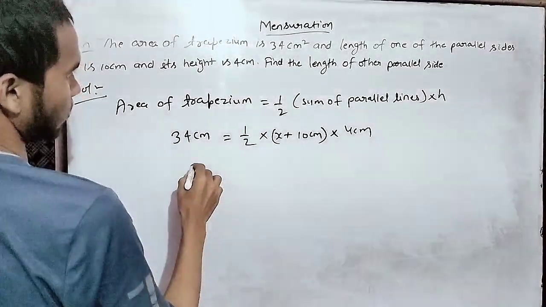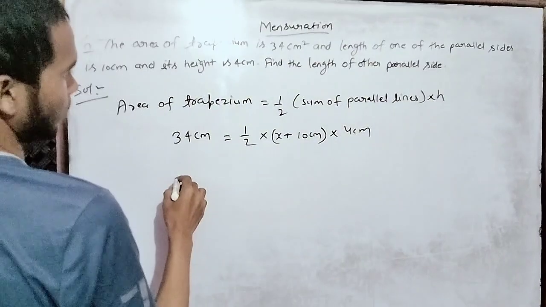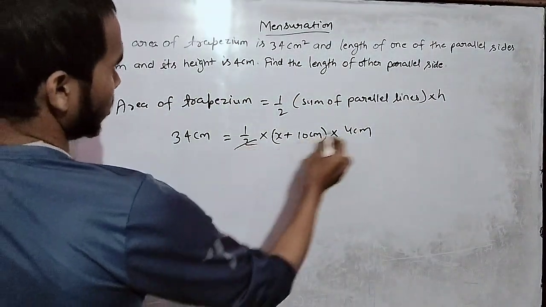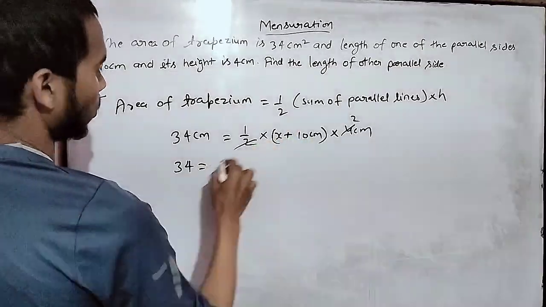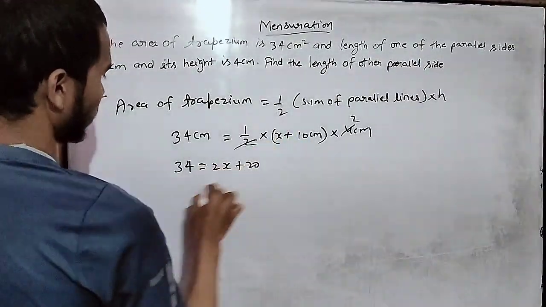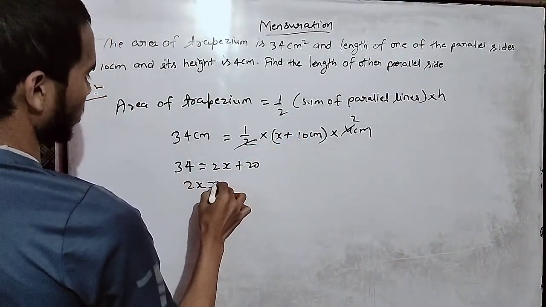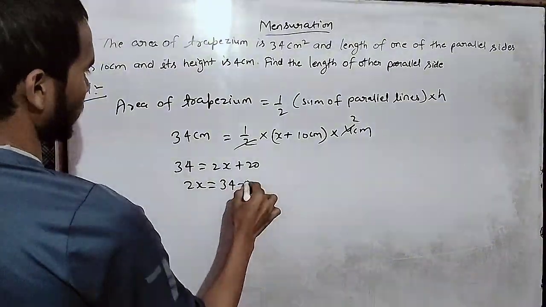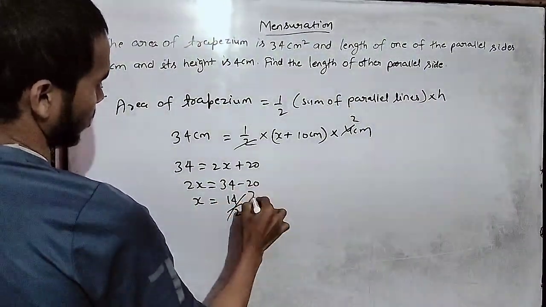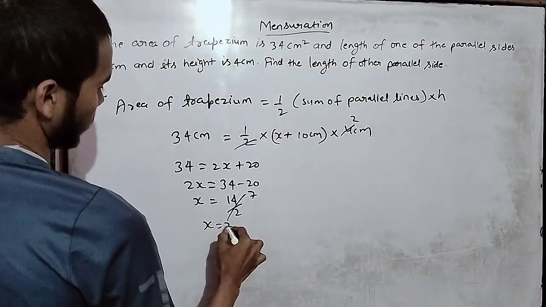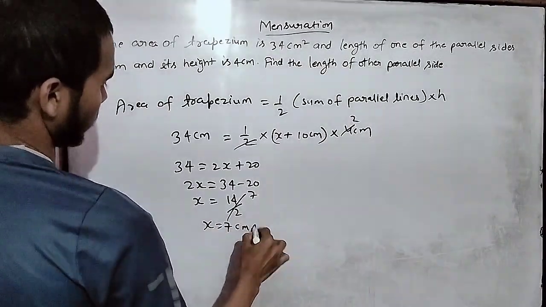2 times 4 is 8, so 34 equals 2x plus 20. 2x equals 34 minus 20, x equals 14 by 2, which is 7. x is equal to 7 centimeter.